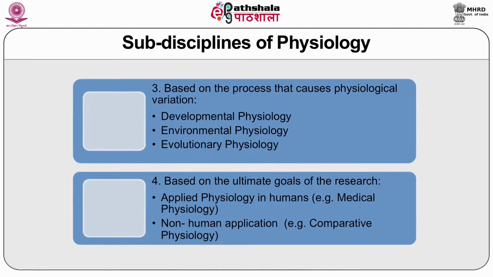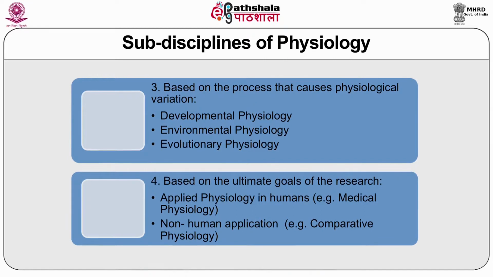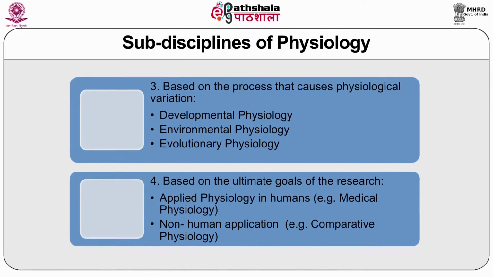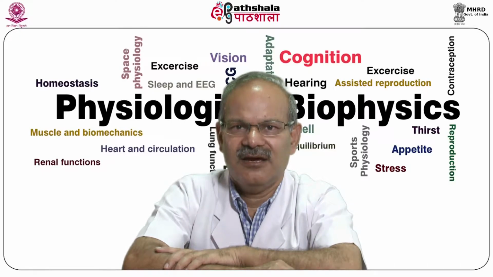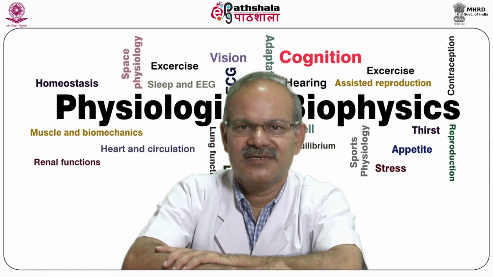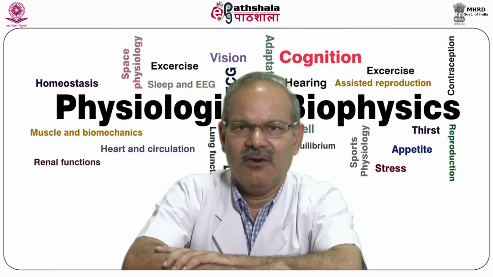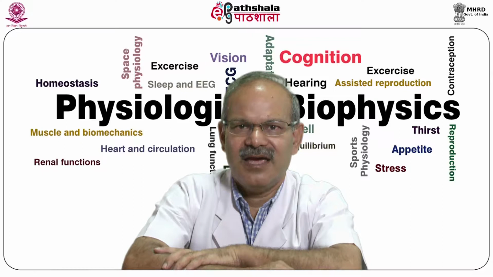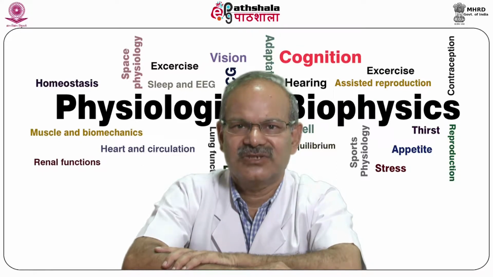There are other associated disciplines which also cause variations, namely space physiology, when you are exposed to space, or circadian physiology, when you study the variations along the day. In the daytime and in the night time, the physiological function changes. Therefore, it is important.